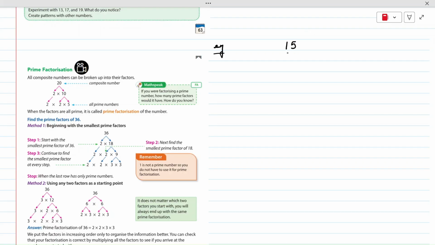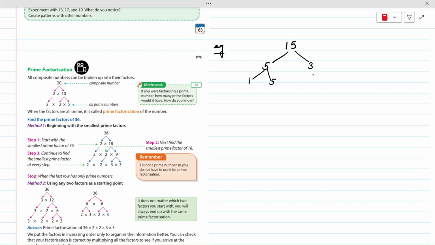So 15 has two factors, 5 and 3. If I multiply 5 with 3, I will get 15. So 5 is one factor and 3 is the other factor. Now further, I am going to break this 5 into its lower factors. What are the factors of 5? The factors of 5 are nothing but 1 and 5 itself.